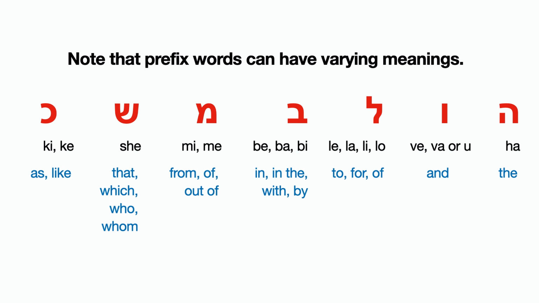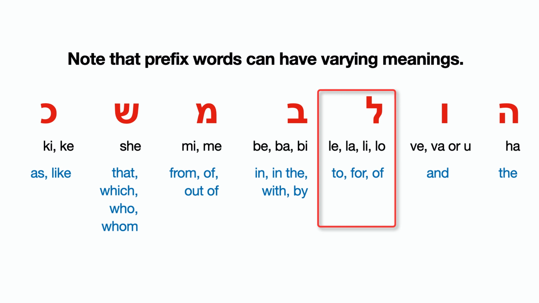So let's take a look at them one by one. Ha usually means the. In rare instances it could be used as a question, but generally it means the. And ve generally means and. It's a conjunction. So the ha and ve are quite simple here.